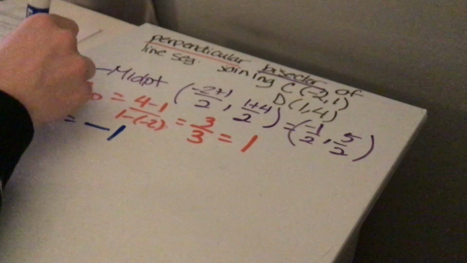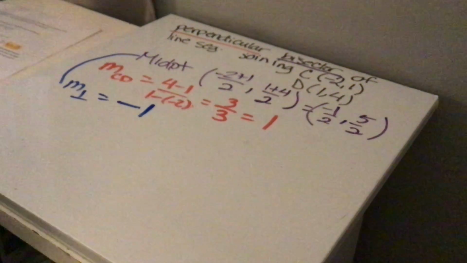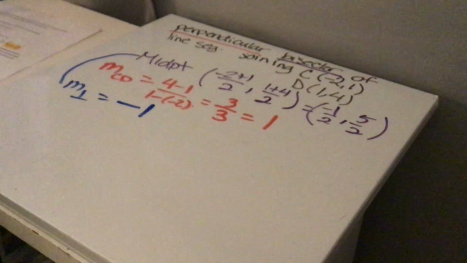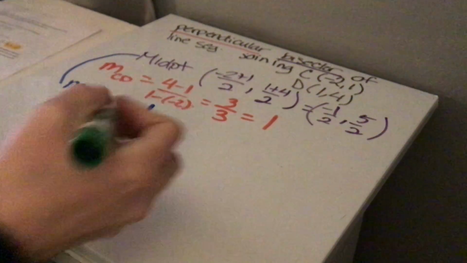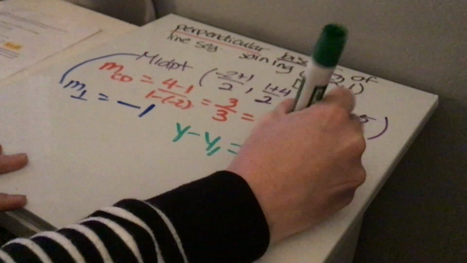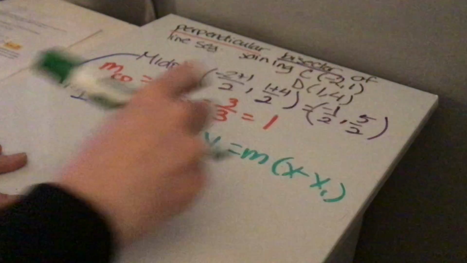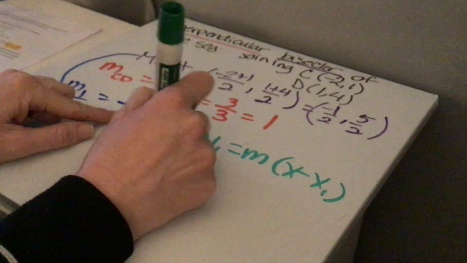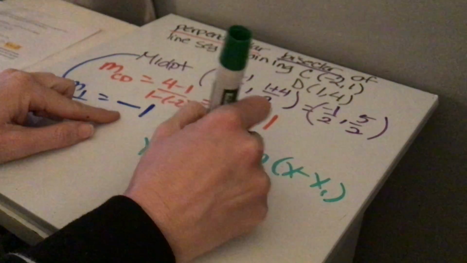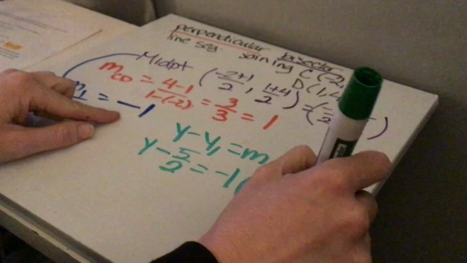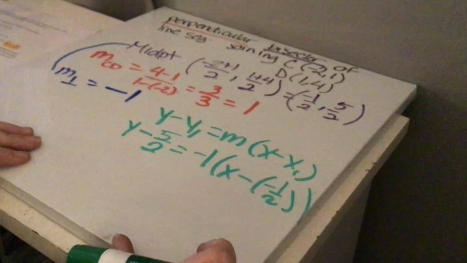So now we're going to use our midpoint and our slope to write our equation. You have a point and a slope, so use point-slope form. y minus y1 equals slope times x minus x1. This is your point and your slope. So it's y minus 5 over 2 equals -1 times x minus -1/2. And then solve for y.